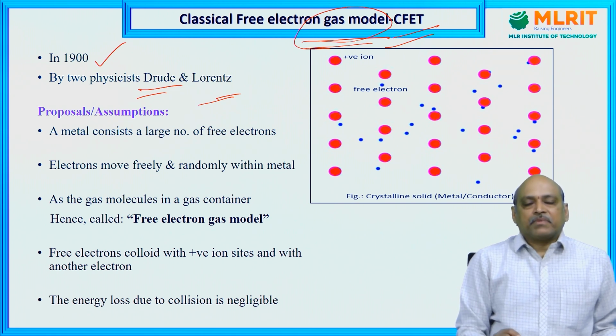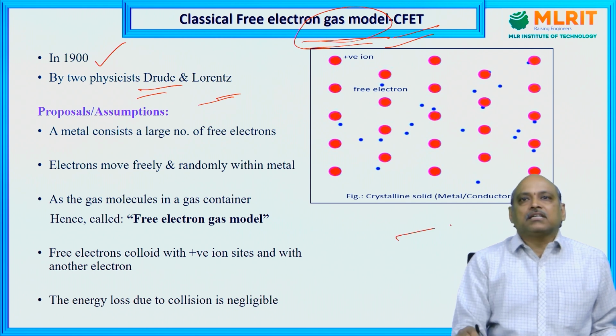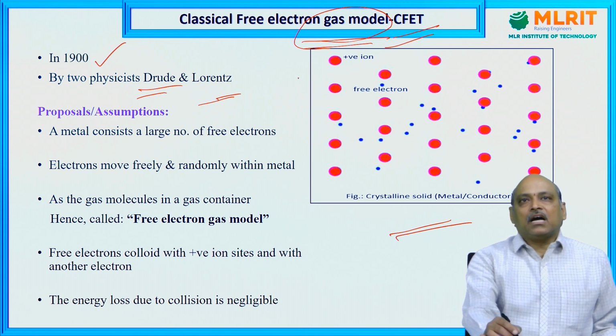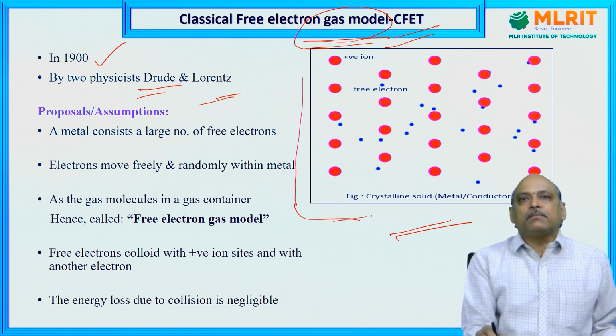According to these two scientists, if you take a metal, a metal is nothing but a crystalline solid, as we know. A crystal is a solid material in which atoms or ions are arranged in a systematic manner.